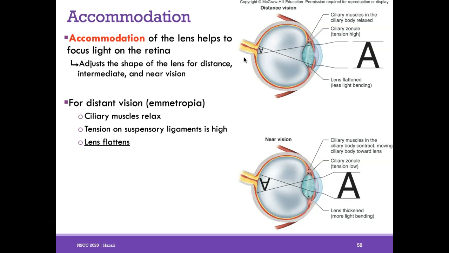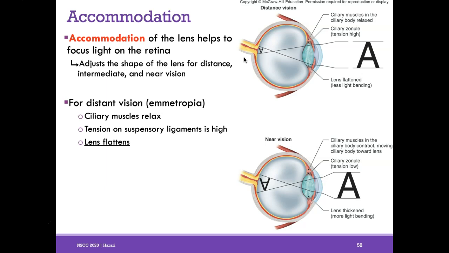So for distant vision, we call that emmetropia. Emmetropia is distant vision, and it is a state where the eyes are completely relaxed and focused on an object that's more than 20 feet away. At that point, the light rays coming from the object are basically parallel, and they focus on the retina very effortlessly.